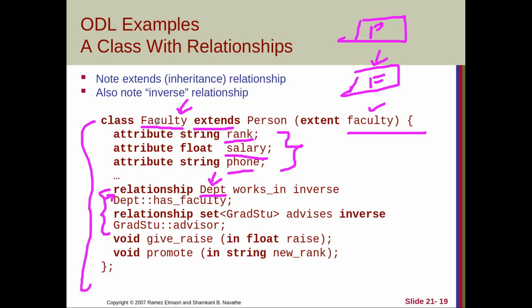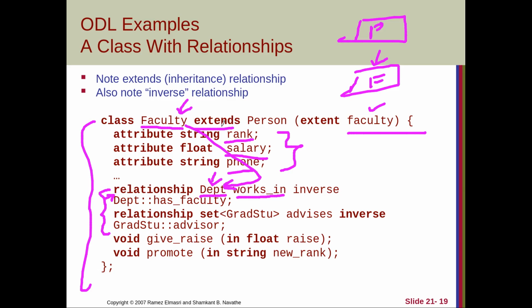So faculty is one class and it is related to department, which is another class. And what is the name of the relationship? The name of the relationship is works in. Faculty works in department. This is the order. So how can we specify that? Relationship, the name of the class to which the faculty is related, that is department, and what is the relationship? That is works in.